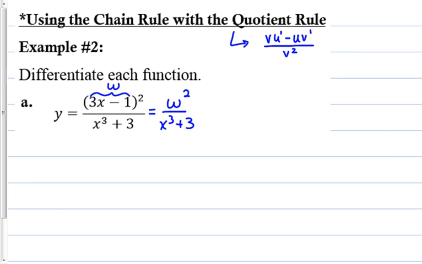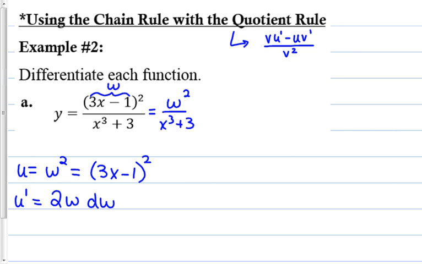So u is the top function, which is w squared. But remember, w is not really w, it's really 3x minus 1. So eventually, when I do use u, I'm going to have to use 3x minus 1. All right, u prime, the derivative of w squared, is 2w, but because it's a chain rule, times dw.